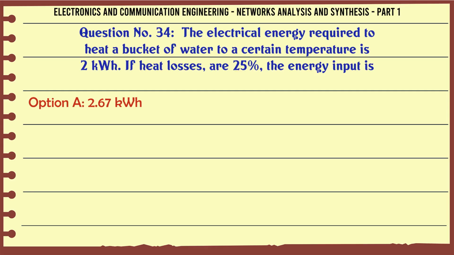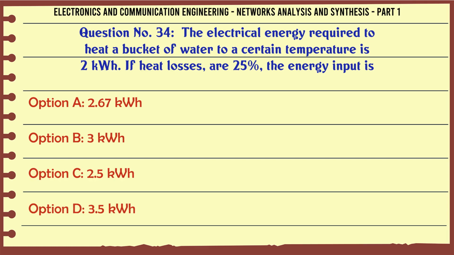The electrical energy required to heat a bucket of water to a certain temperature is 2 kWh. If heat losses are 25%, the energy input is A 2.67 kWh, B 3 kWh, C 2.5 kWh, D 3.5 kWh.